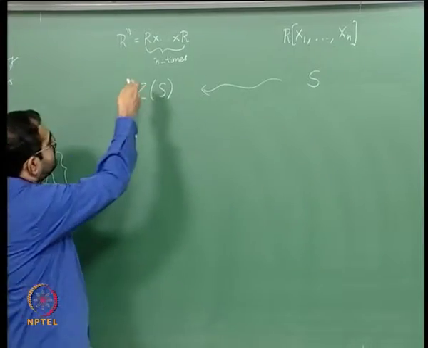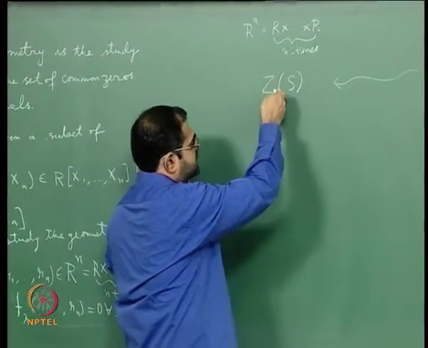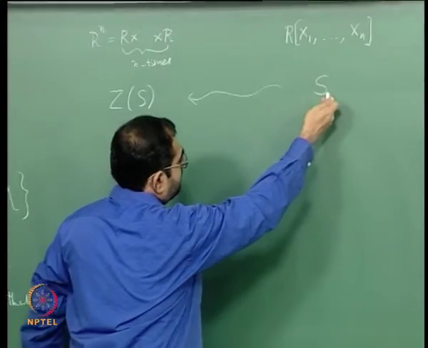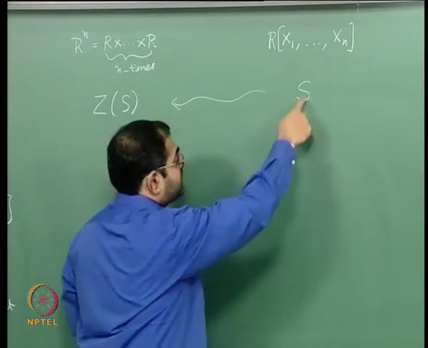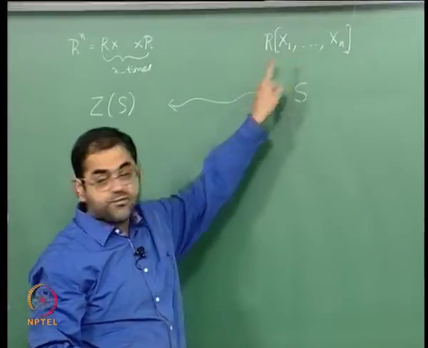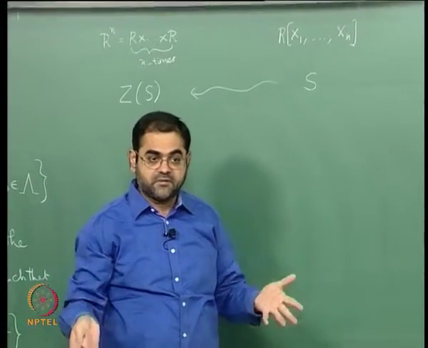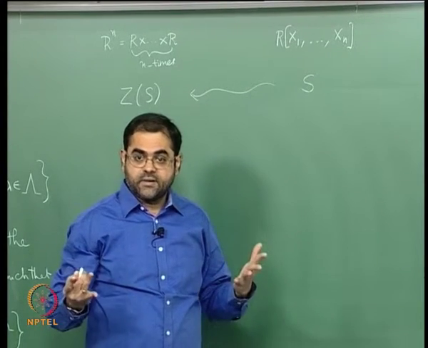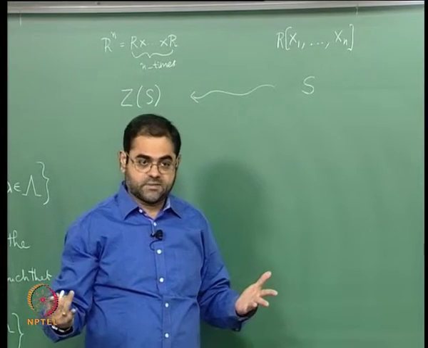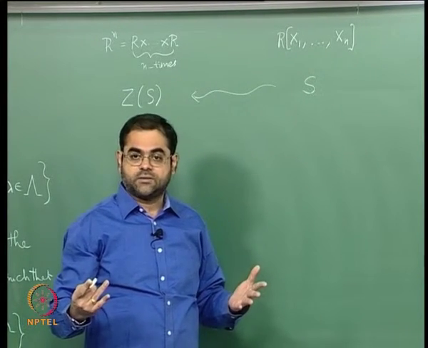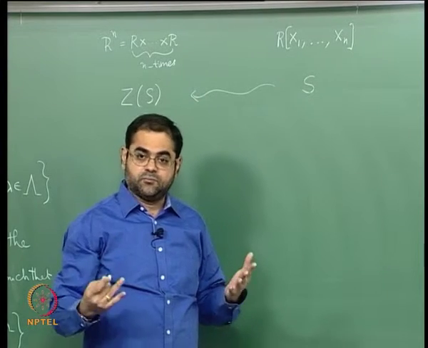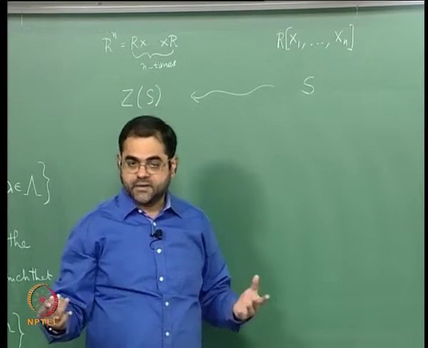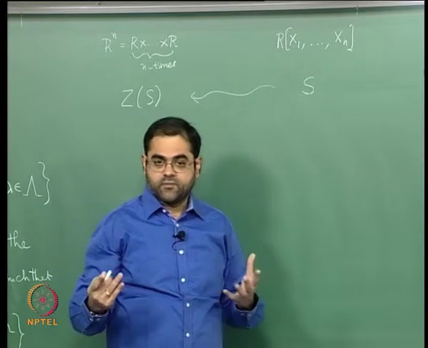For example, you could have properties of this set which are geometric properties, okay, and they would translate into some properties connected on this side, and the properties that are connected on this side are ring theoretic properties, or therefore they could be ideal theoretic properties, or more generally they could also be module theoretic properties, okay, because modern commutative algebra is not just the study of rings and ideals, but it is also the study of modules, because the notion of a module generalizes the notion of an ideal and also that of a vector space at the same time, and is more versatile, okay.